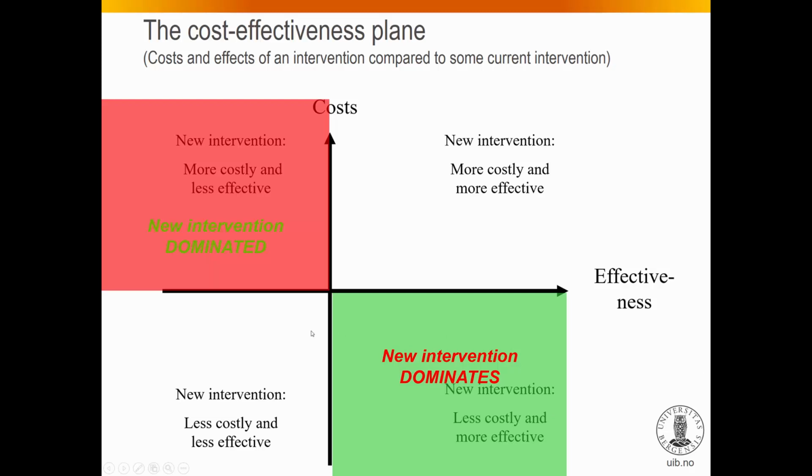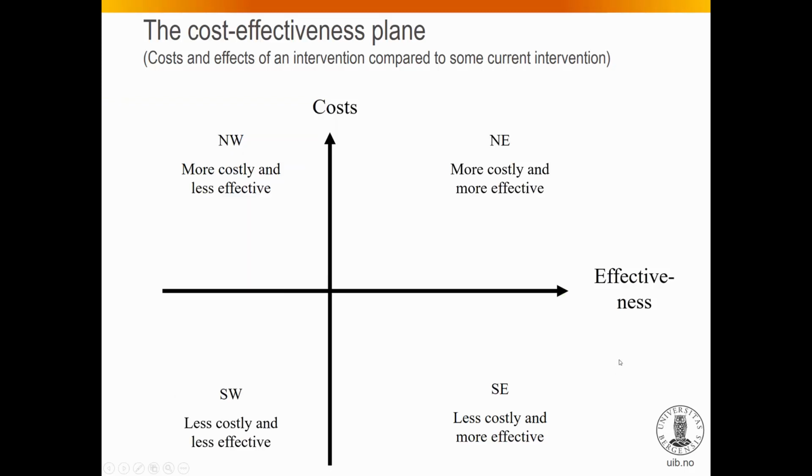But in these other corners, the northeast and the southwest corner, we are less clear. So we need to consider how much we are willing to pay to improve health. And this is considered by a so-called cost effectiveness threshold, or a willingness to pay threshold for health.